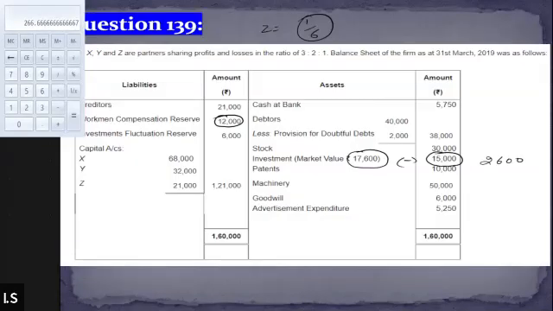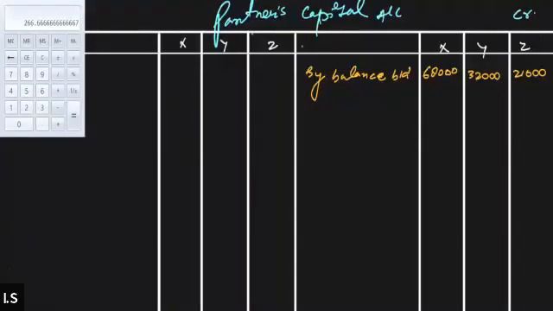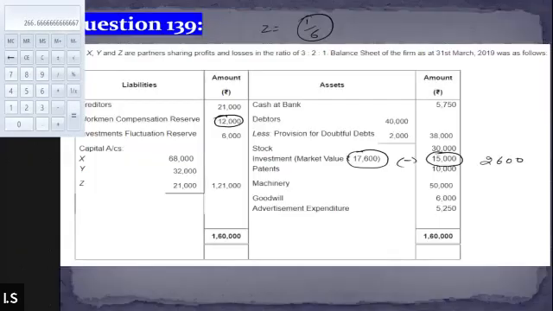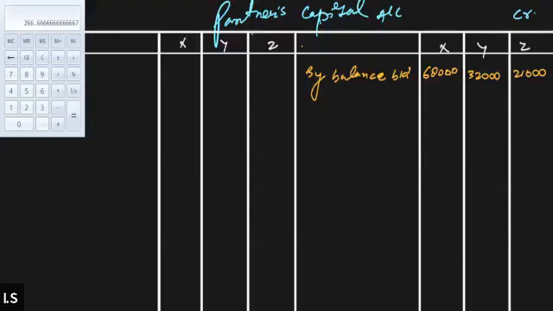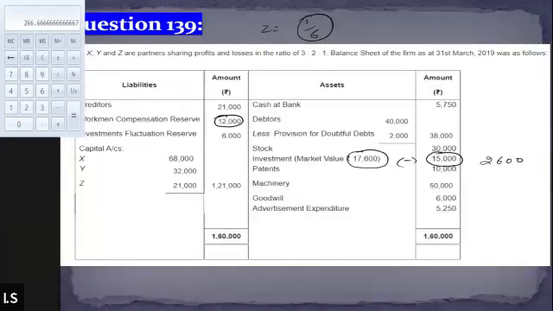It was 68,32,21,000. Please write this: 68,32, and 21,000. Now let's move to the other items.